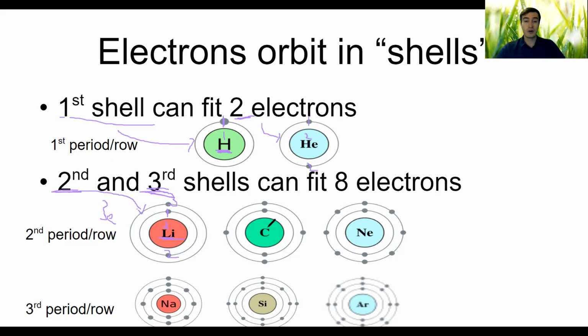So let's look at carbon, for example. Carbon has an atomic number of 6. So carbon has 6 electrons. So once again, if we want to figure out where the electrons will go on which shell, we start with the first shell.